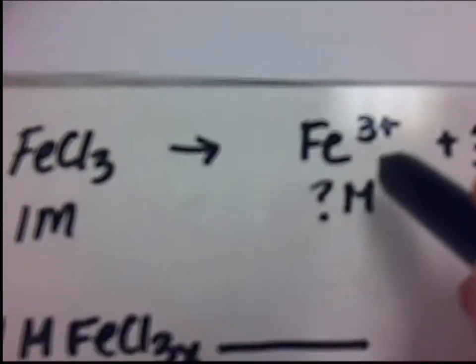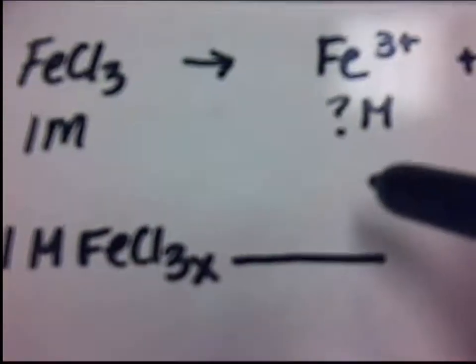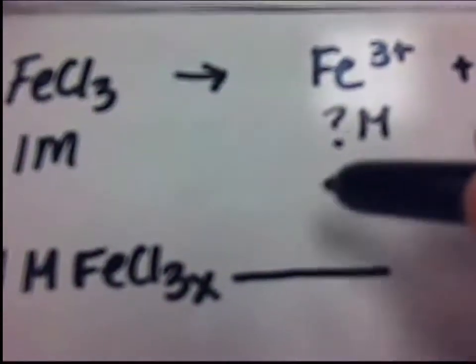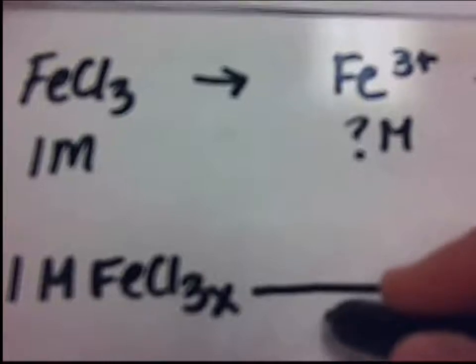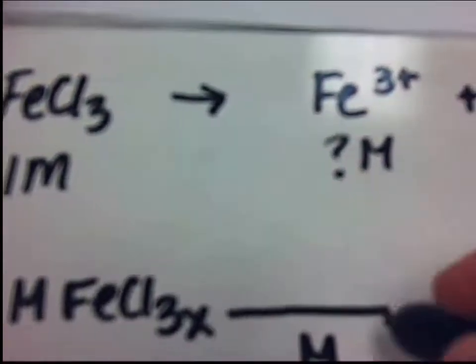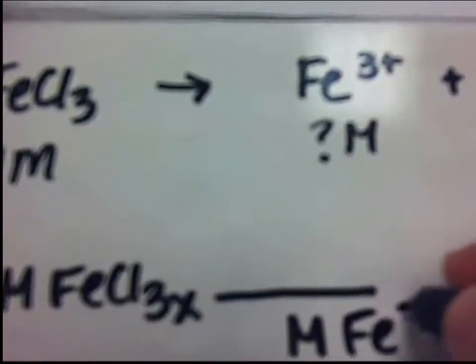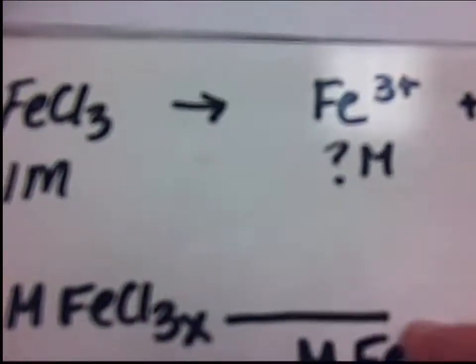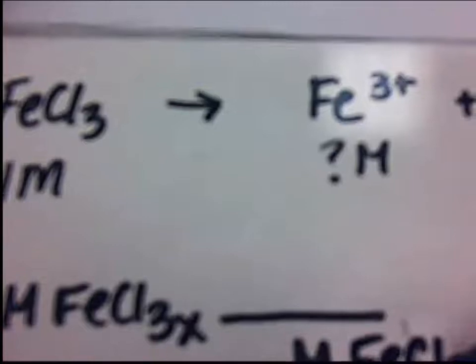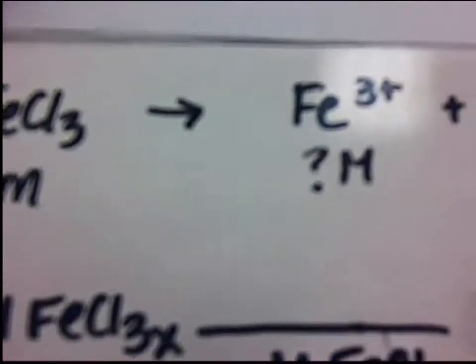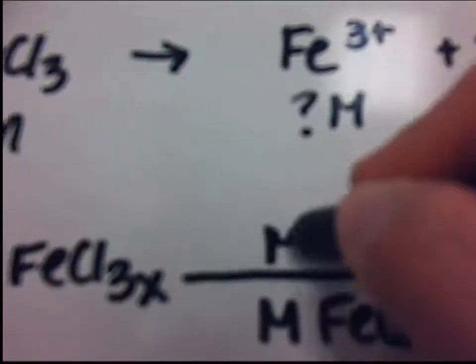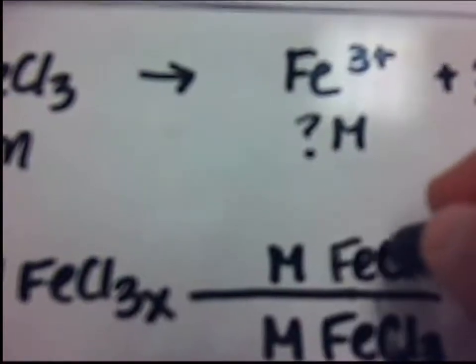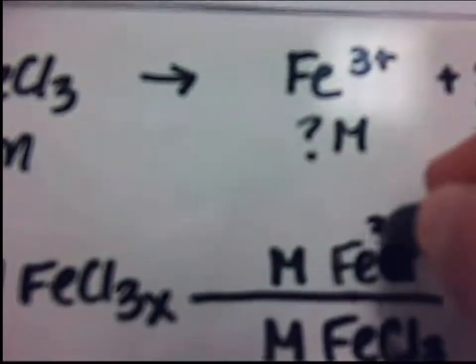We're going to put our 1 mole of Fe, I meant to put not the 3 plus, that goes on top. We want to put the FeCl3 on bottom because that's what we're trying to get rid of. And we want to put our molar of Fe3 plus on top because that's what we're trying to get.